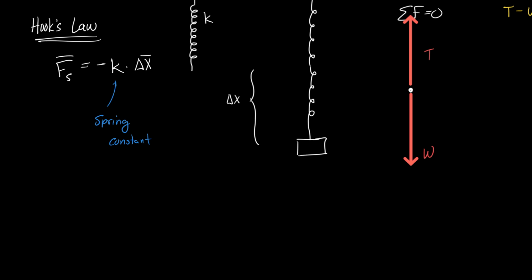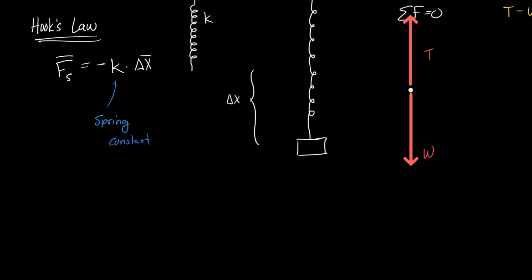If you push in on the spring, it pushes out. If you pull out on the spring, it pulls in. That's all it is. But that's how you write that. It's a direct proportion, and it has the force and the displacement.